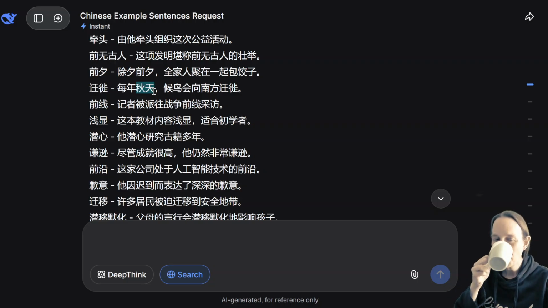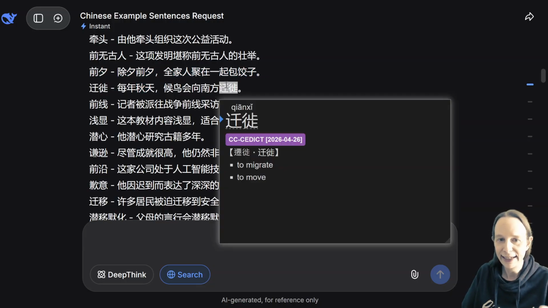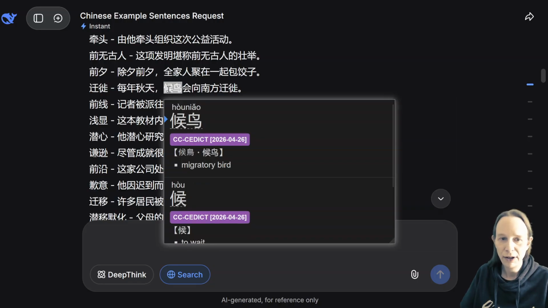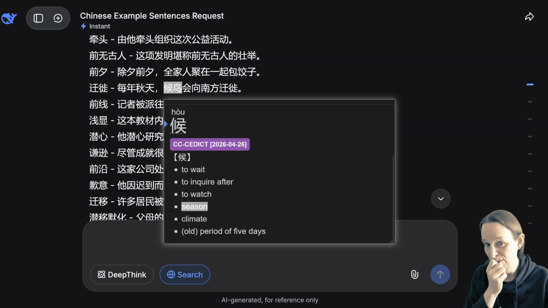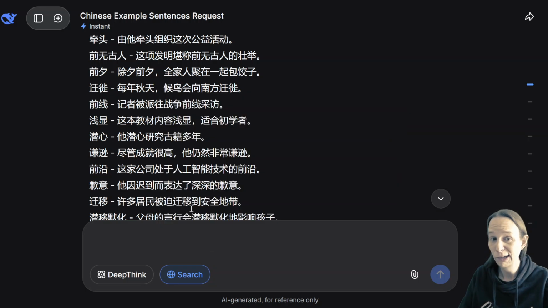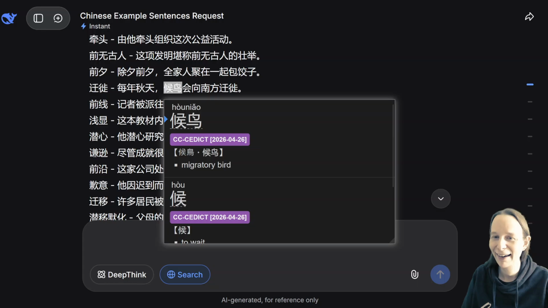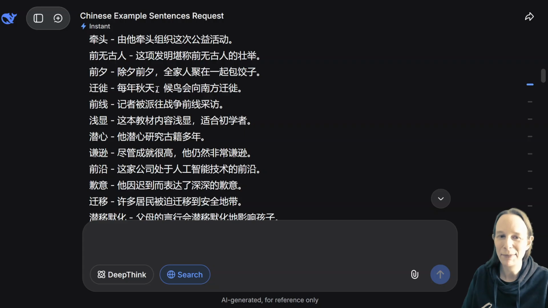Migratory birds. 迁徙. So why is it 候? I don't know why. Oh, maybe 候 is season. Climate. I don't know. Maybe it's climate birds, birds that are affected by climate. Maybe it's something like that. That's my speculation.